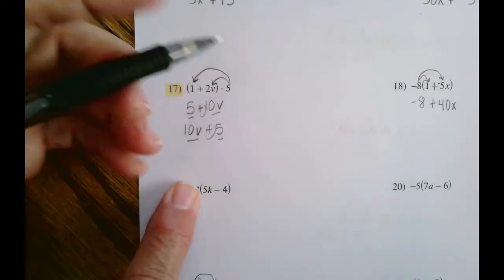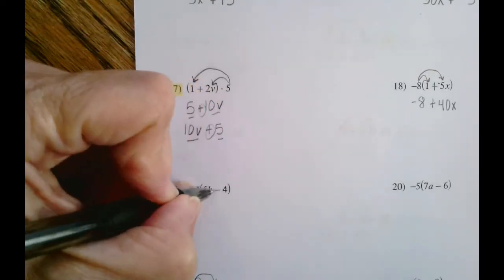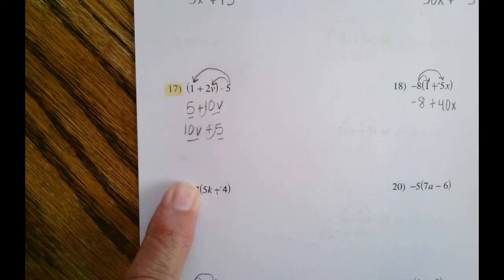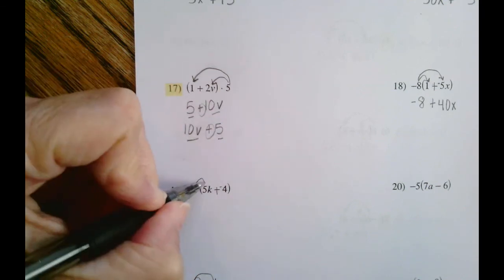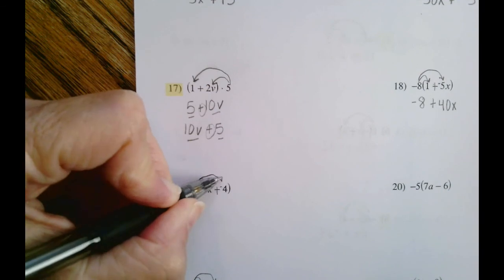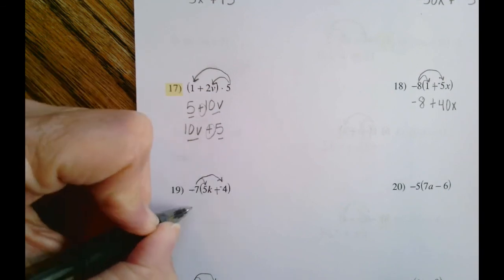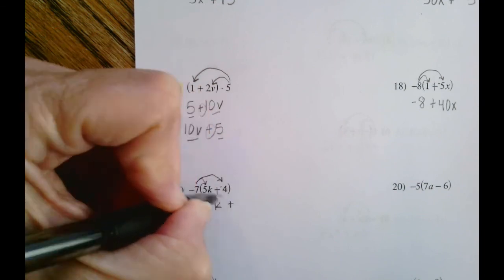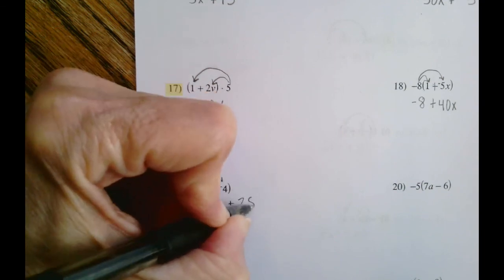Number 19, 5k minus 4, change it to 5k plus a negative 4. Distribute, distribute. Negative 35k plus 28.